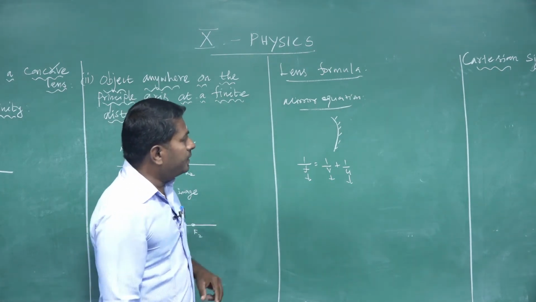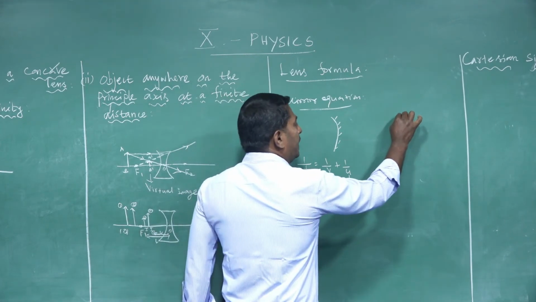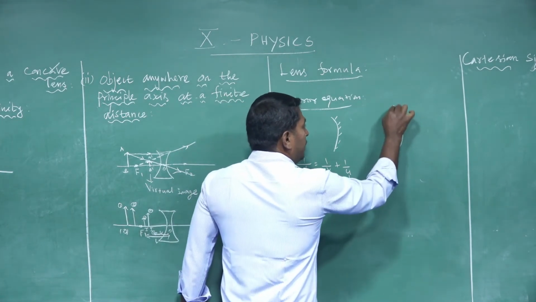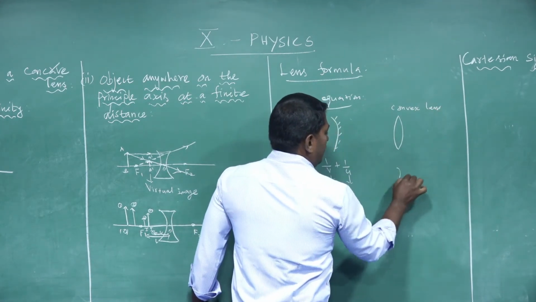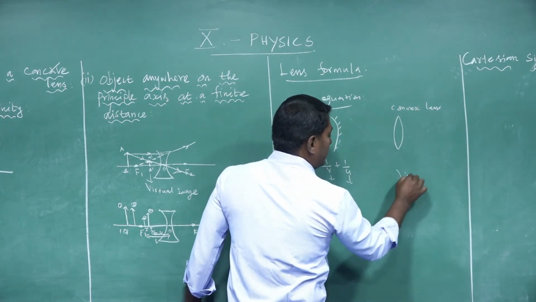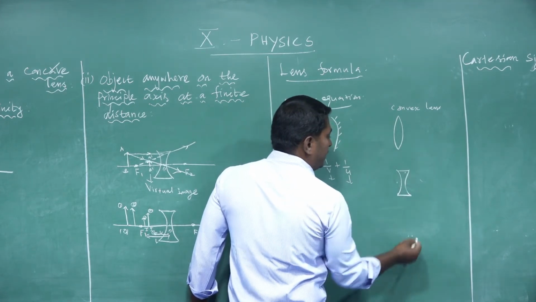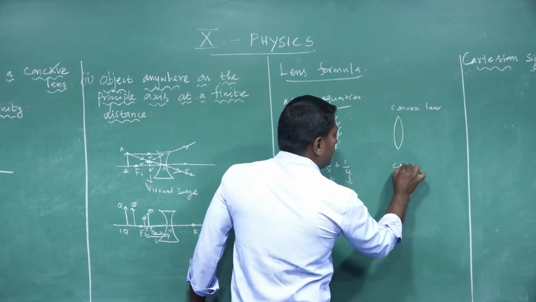In spherical lenses, either the convex lens or the concave lens, it is a convex lens and another lens, the concave lens. These two lenses are spherical in shape.